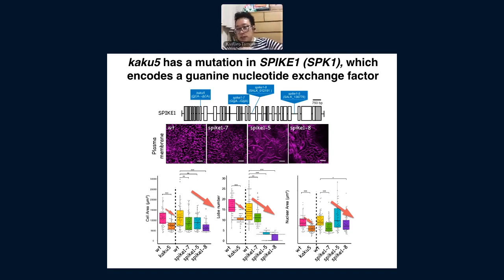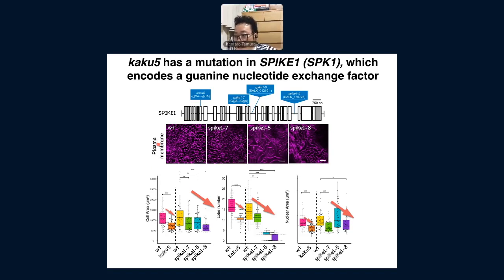A map-based cloning revealed that KAK5 has a point mutation in the SPIKE1 gene, which encodes a guanine nucleotide exchange factor, an activator for small GTPase. We isolated several knockout mutant lines of the spike1 gene and visualized the cell membrane. As shown here, all spike1 knockout mutants show abnormal cellular shape.